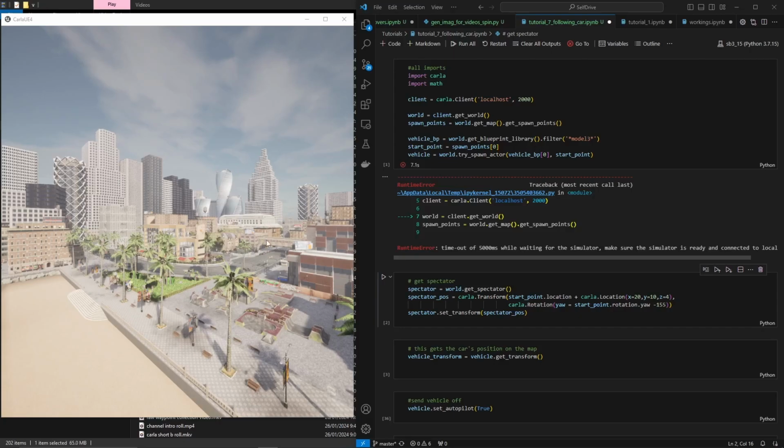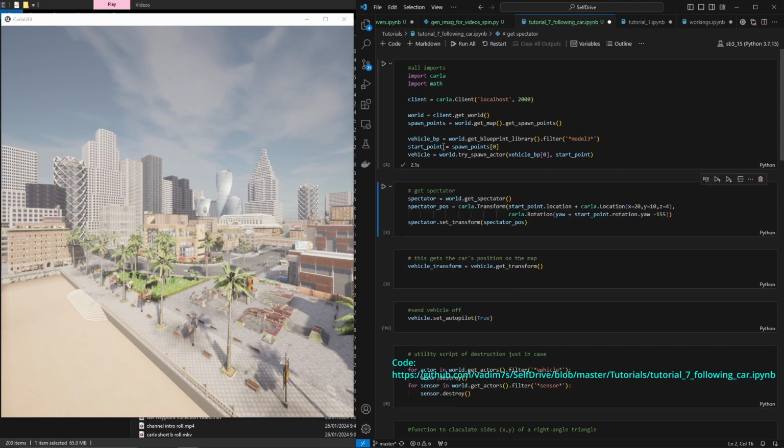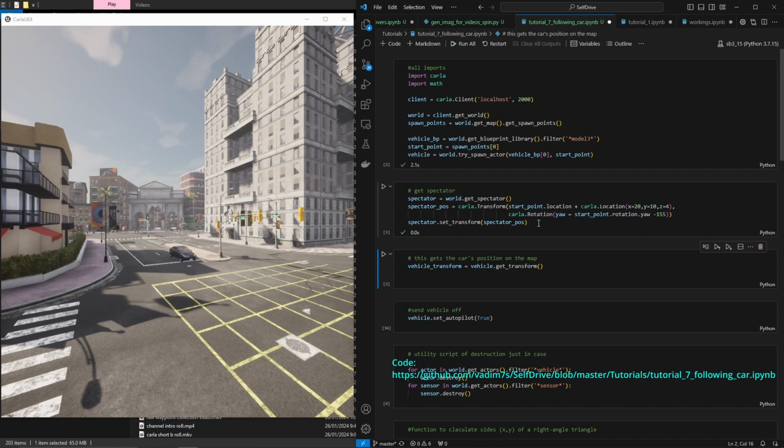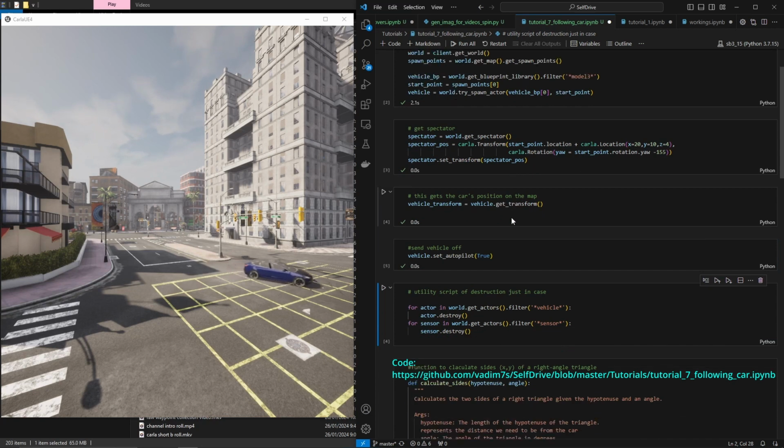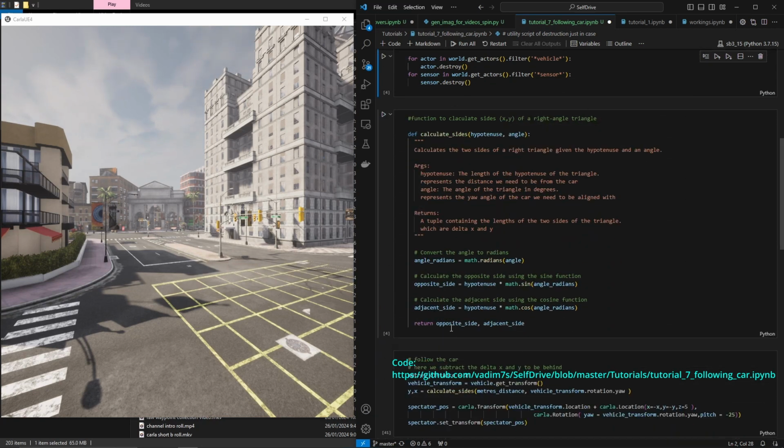Let's test it. So we open Jupyter Notebook, and we run some simple code that you've seen a million times to get some imports and connect to the sim. We will test our function today on the spectator. You can similarly connect it to cameras that are not attached to anything and just move that camera with those values that you've calculated.